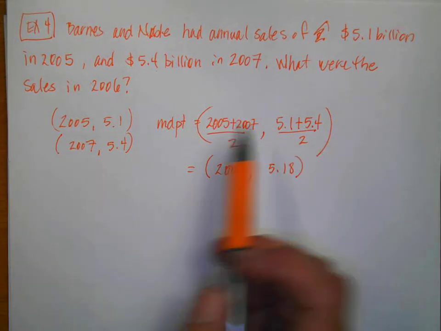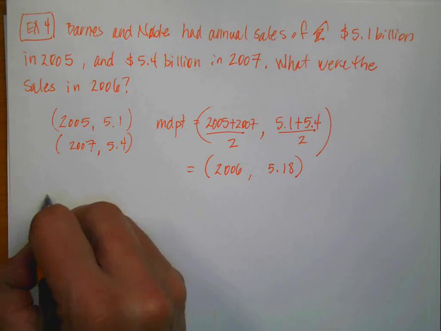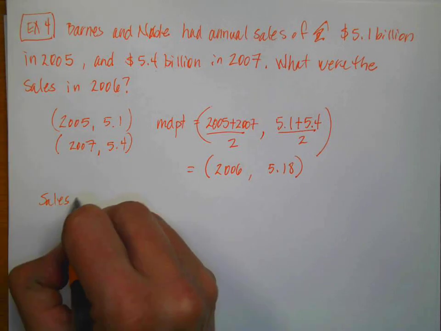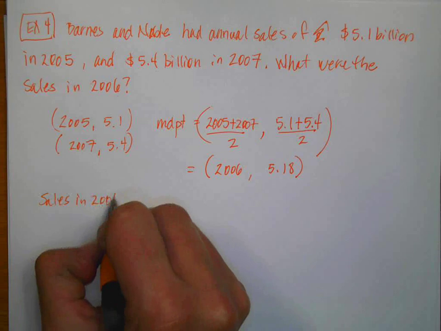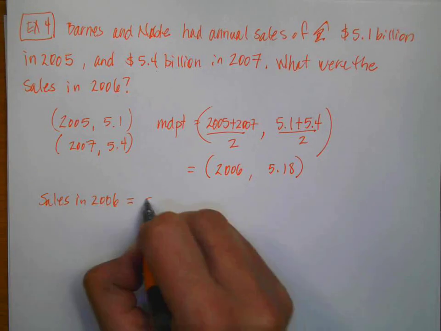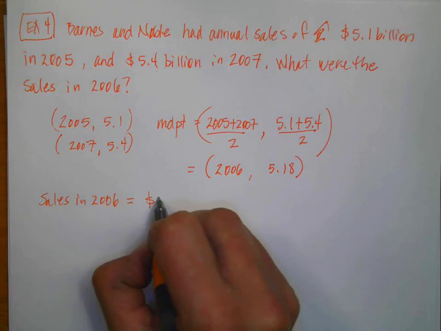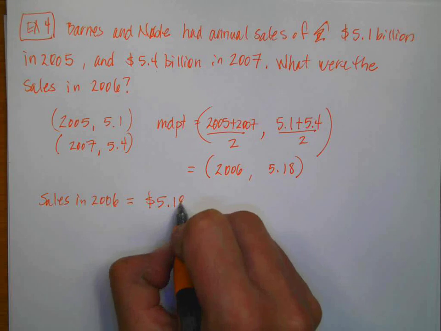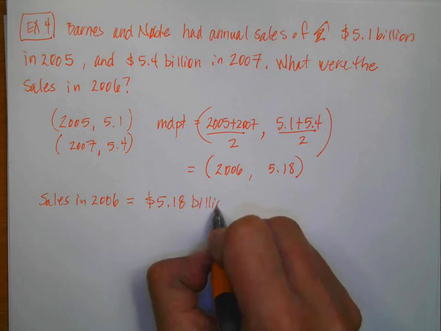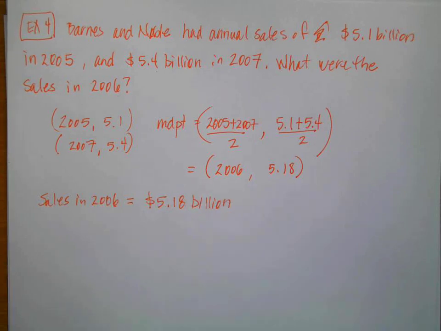Okay, now I need to answer the question. So I'm going to say the sales in 2006 were equal to $, because that's the units, 5.18 billion. It's important to make sure that you get the units in there, because without the units in there, the problem just doesn't seem to make a lot of sense.